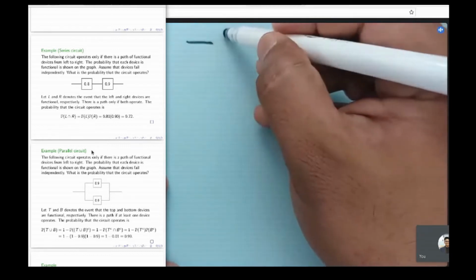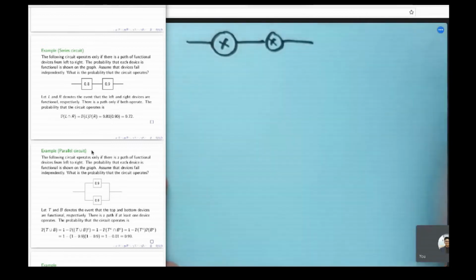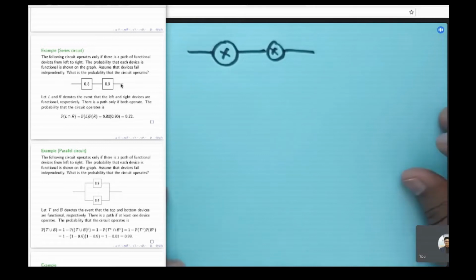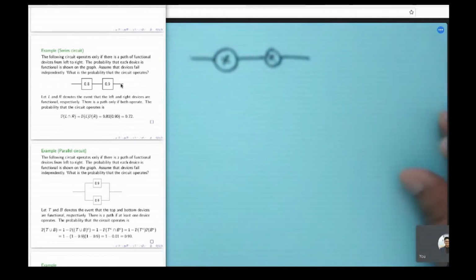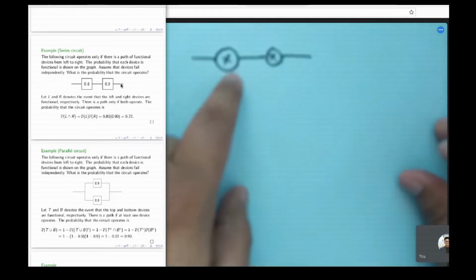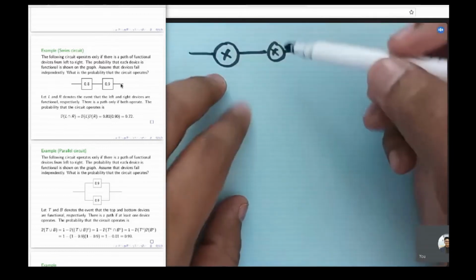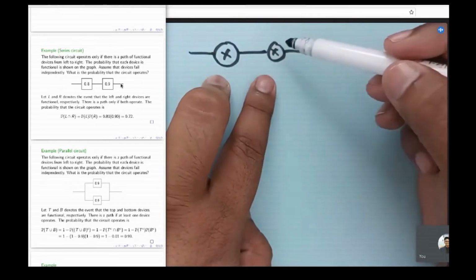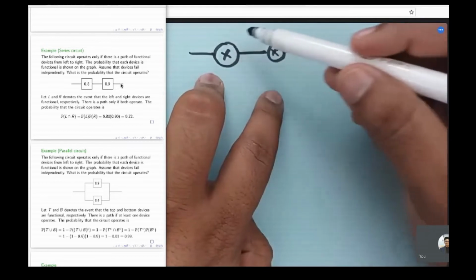For example, you have this bulb and then you have another bulb attached in series. So if you remember your O-level science knowledge, if this particular bulb is going to fail, then the other bulb is also going to fail, because the current will not flow from this end to this end if this series circuit fails.